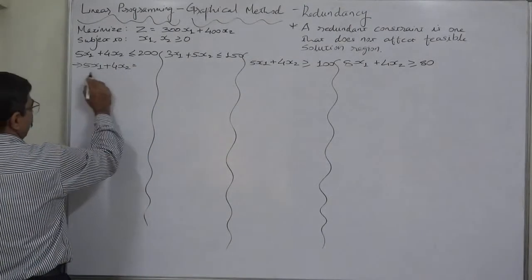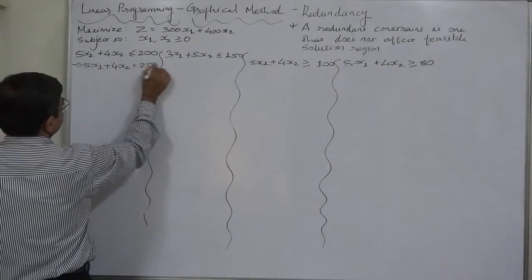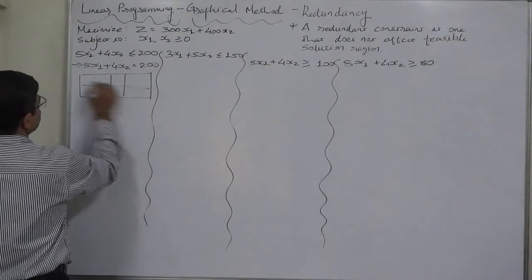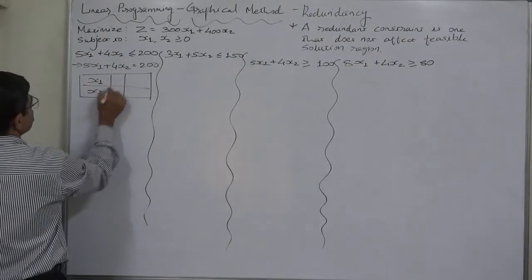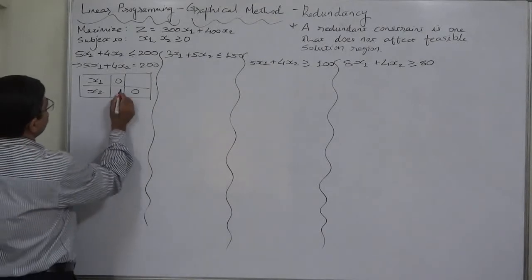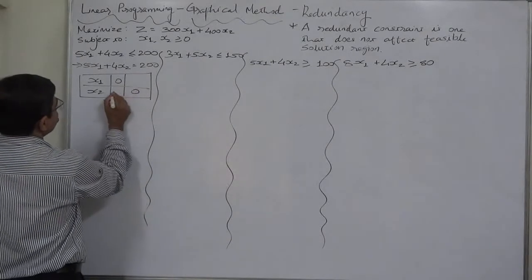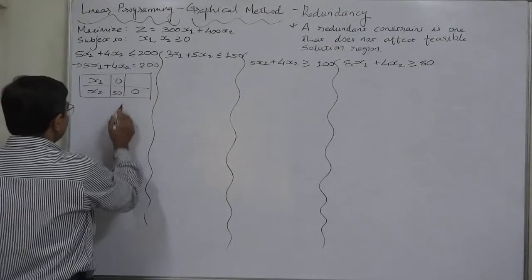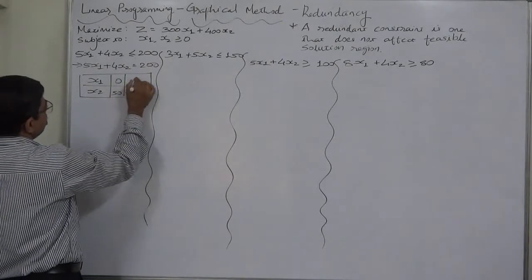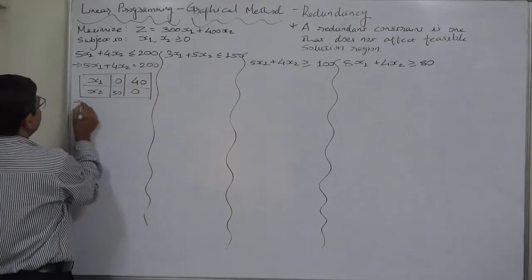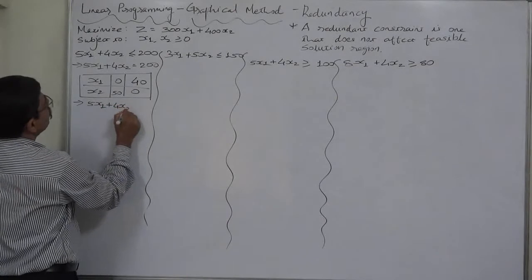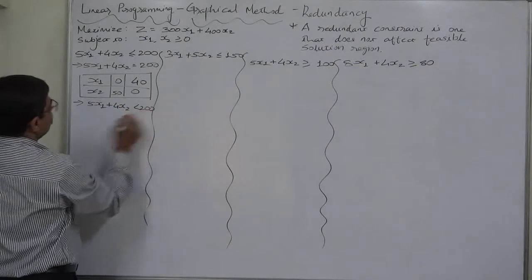5x1 plus 4x2 equals 200, and the points available to draw the straight line of this equation are: if x1 is 0, then 200 divided by 4, so x2 will be 50. If x2 is 0, then 5x1 equals 200, so x1 is 40. 5x1 plus 4x2 less than 200.